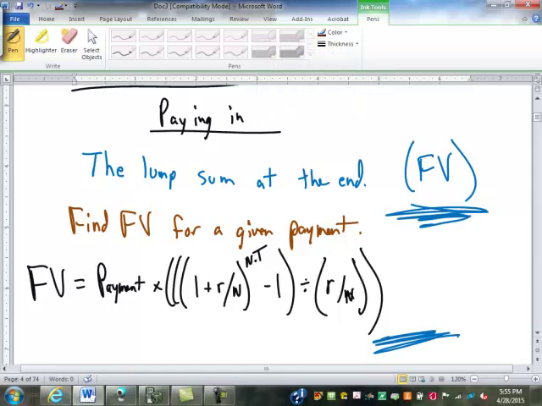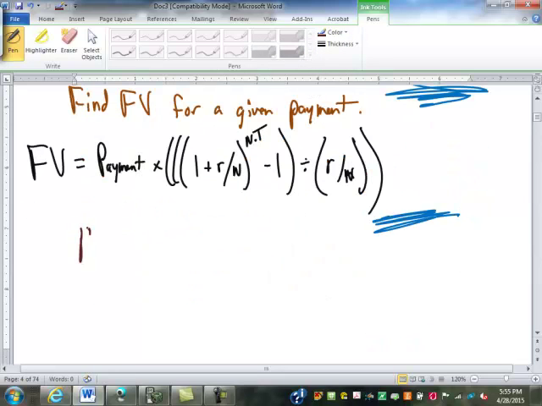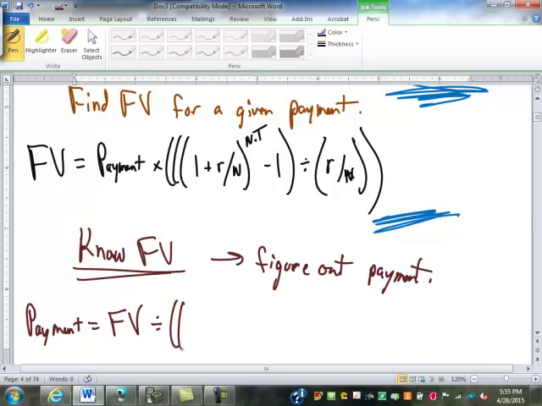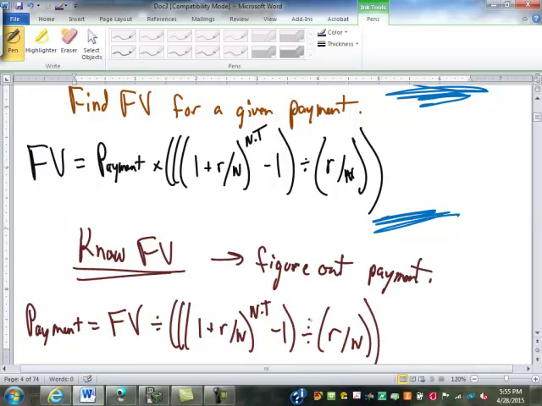If we knew what the lump sum is, if we know a desired future value, and we want to figure out the payment, well, then the payment is equal to a future value divided by open parenthesis, open parenthesis 1 plus r divided by n to the power of n times t minus 1, close parentheses, divided by, open parentheses, r over n, close and close.